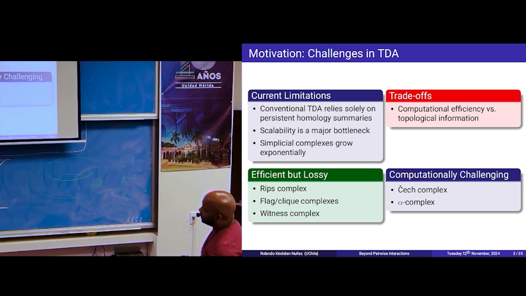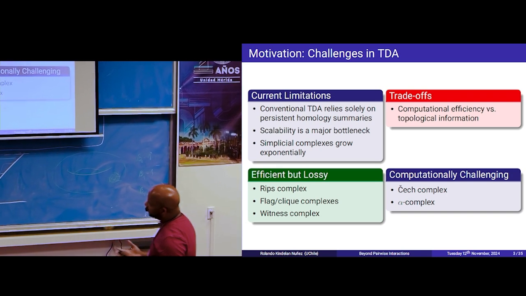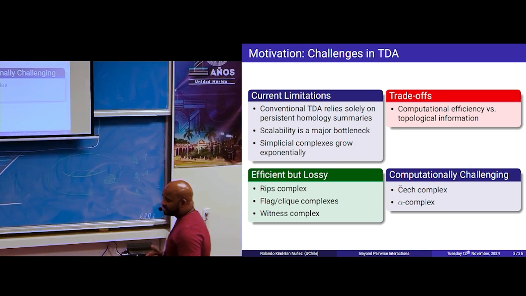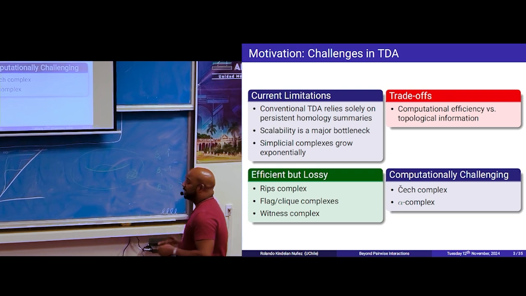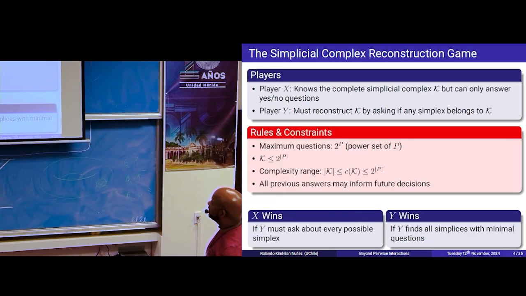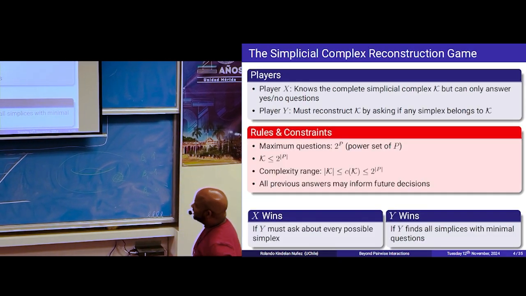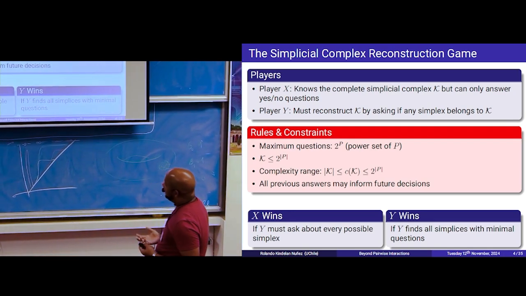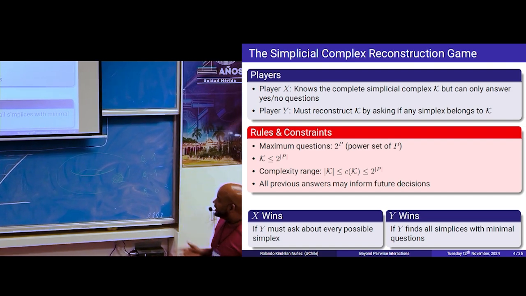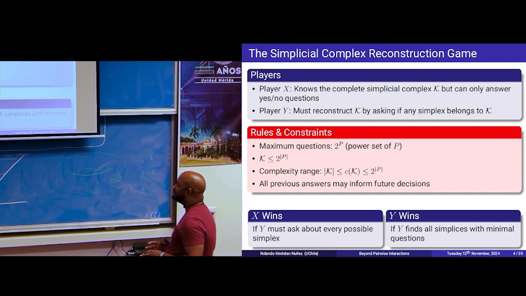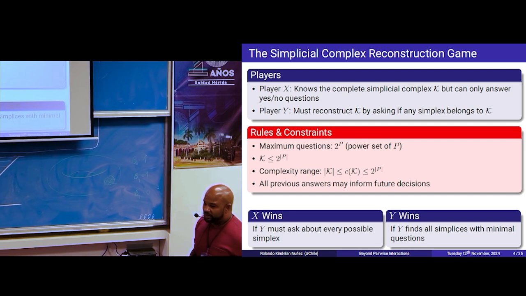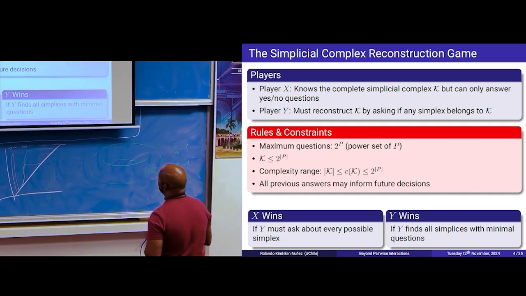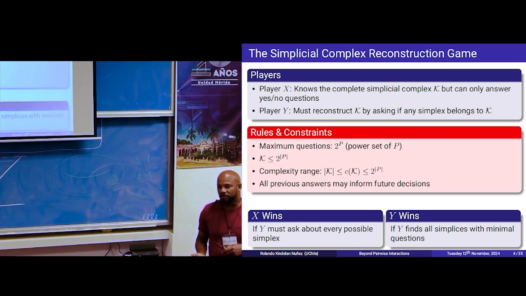in this talk, we want to think about another way to get computational efficiency as well as topological information. So we can present this problem as a game. For example, we have two players, player X and player Y. One of them knows the simplicial complex, but can only answer yes or no. And the other one must reconstruct that complex by asking if any simplex belongs to the complex or not.